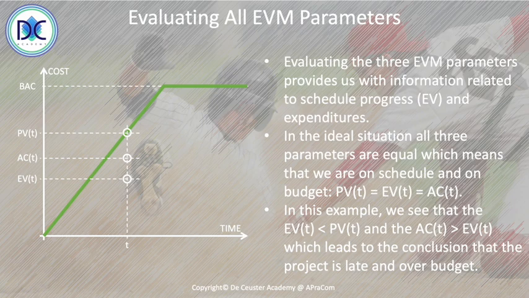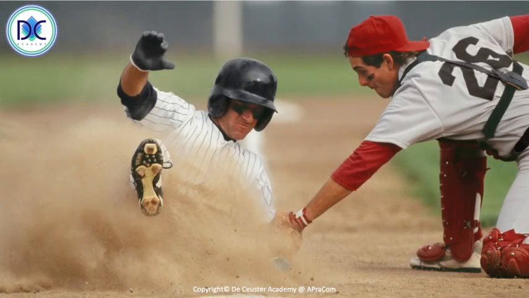So just identifying these three parameters will provide us with the information about the schedule performance and the cost performance of the project. So that was the first introduction to the basic earned value management parameters that we will use in project management. So that's it for this video.